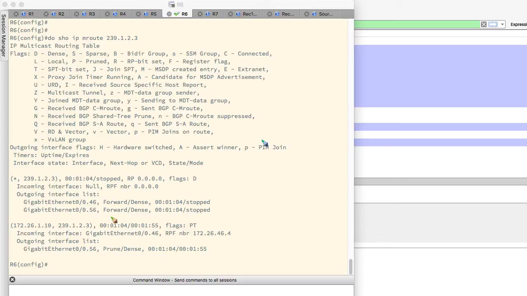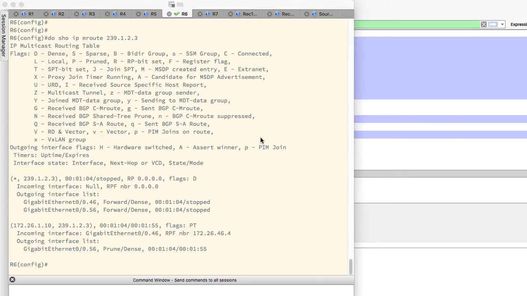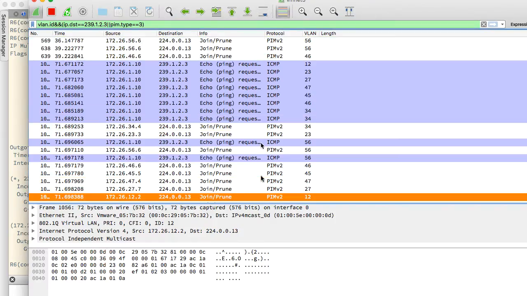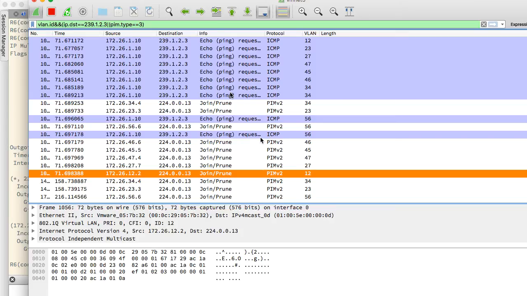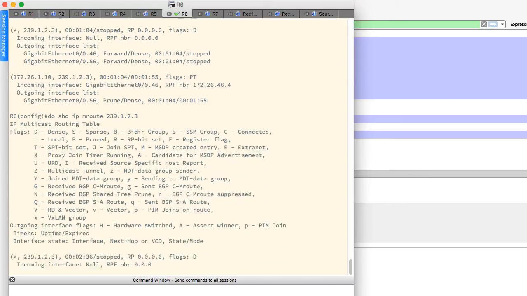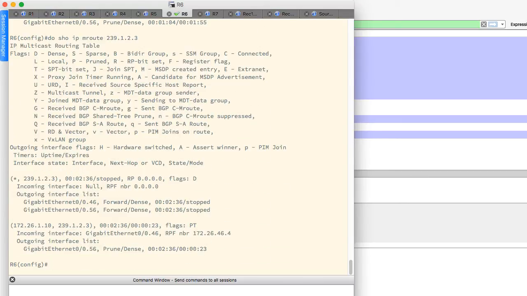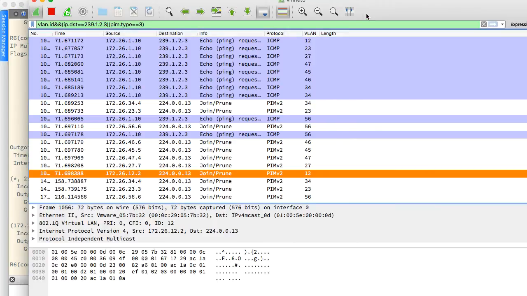The other part that is happening here is this flood and prune. So once again, it has happened. It should be going up right now in a little bit here. So let me see how much time is left on this. 23 seconds. So in about another 23 seconds while I'm talking, you'll see there would be another flooding request to keep those states fresh.